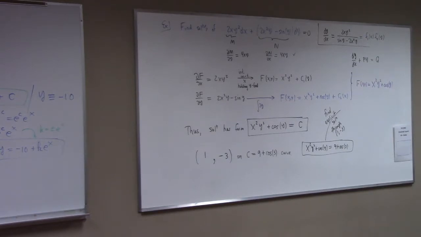I could appeal to a theorem of advanced calculus which says that, if I check a certain condition, I can solve for y as a function of x, but that doesn't mean I can actually find the formula for it. So that would not be a reasonable question to ask you on a test, to explicitly find the explicit solution. To go further on that is a discussion of advanced calculus, so I'm going to stop there.